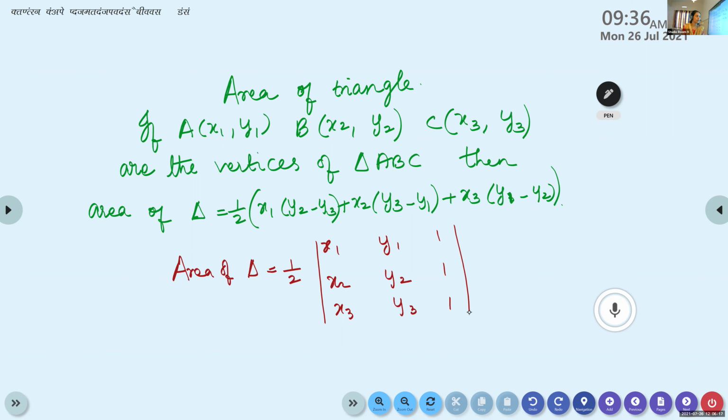Suppose we are given three vertices, then the area of the triangle is given by half of this determinant. We have to find the determinant and divide it by 2. Then we get the area of the triangle.